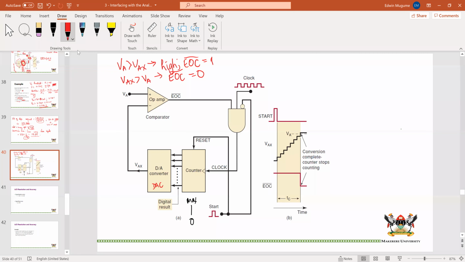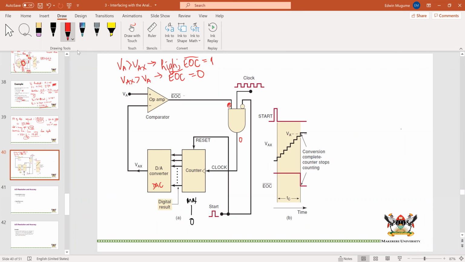So when it becomes a 0, it goes into this AND gate. Because you have a 0 going into the AND gate, what goes out will always be a 0 irrespective of what's happening at the clock or this other side. And when you have a 0 going into the clock, it means you'll not get clock signals, and that also means the counter will not count.